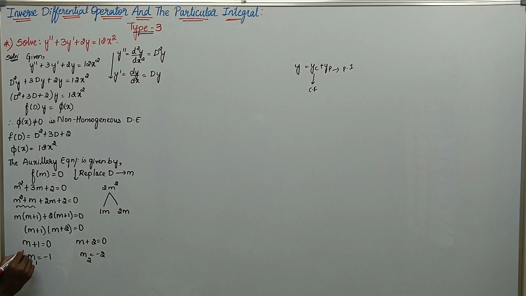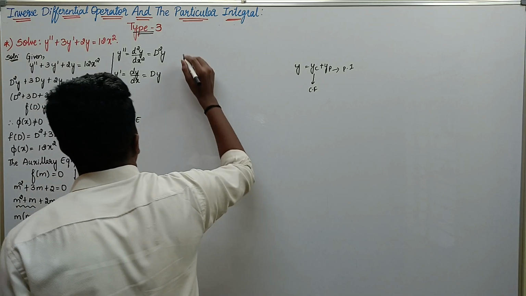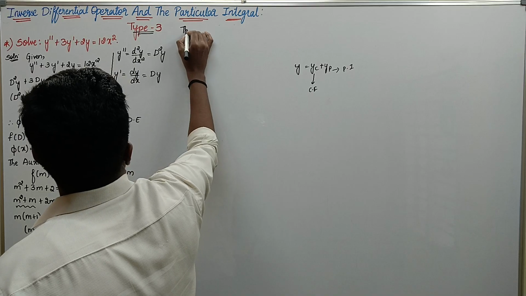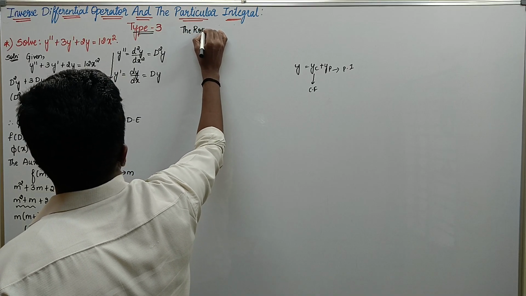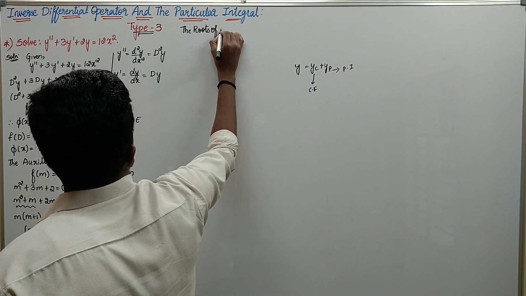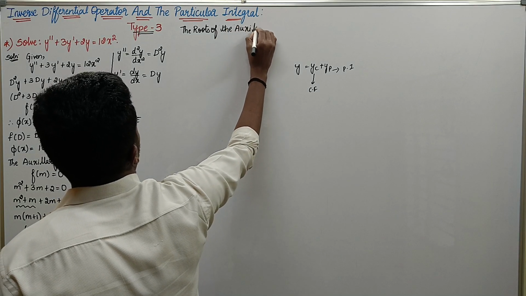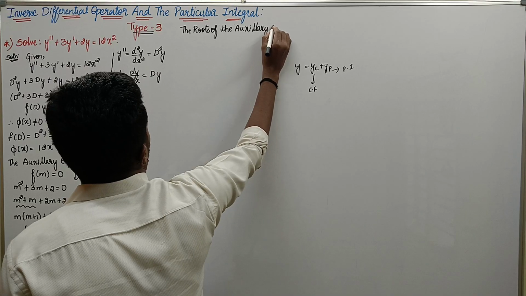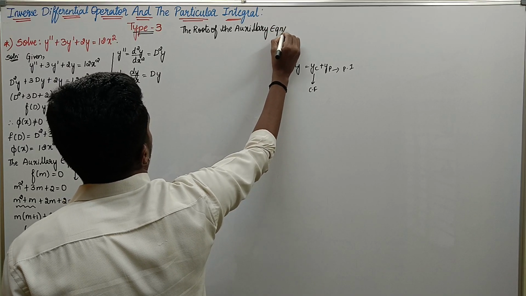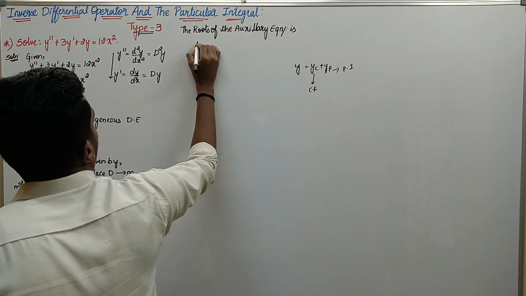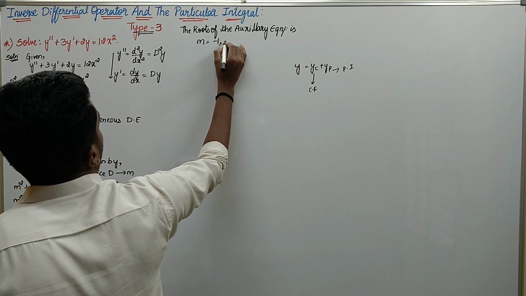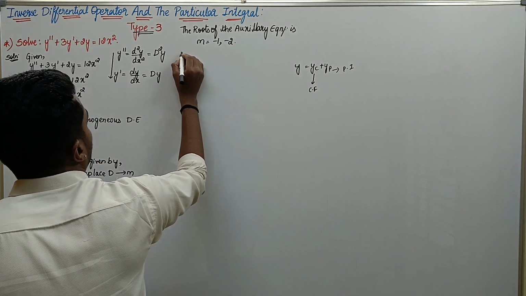The roots of the auxiliary equation are m equal to -1, -2.